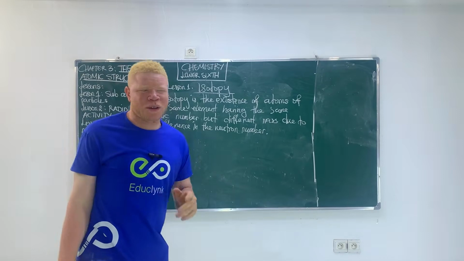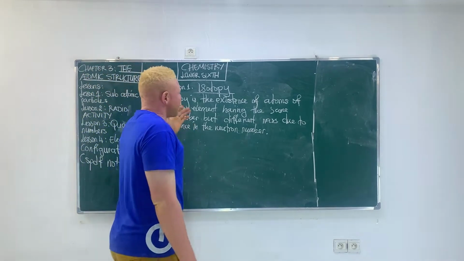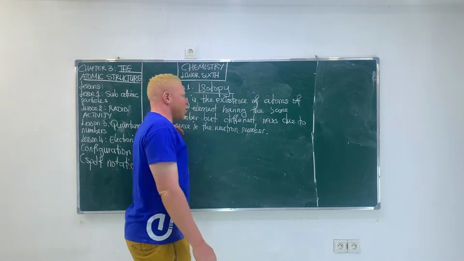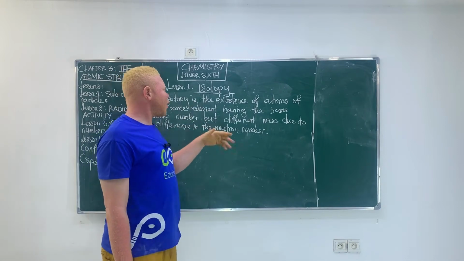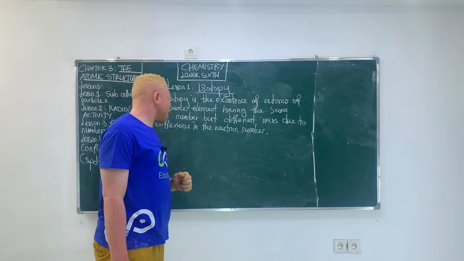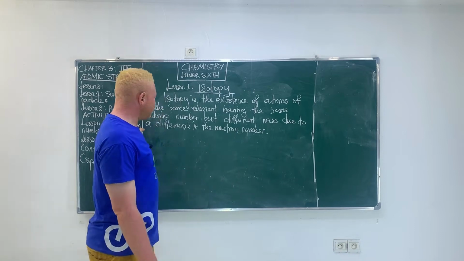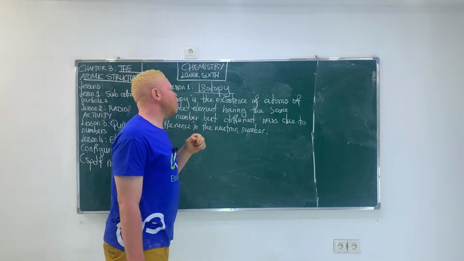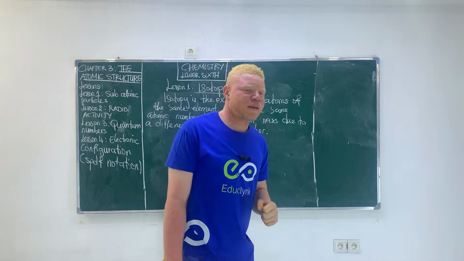So I can read the definition for us. Isotopy is the existence of atoms of the same element having the same atomic number but different mass number due to a difference in the neutron number.